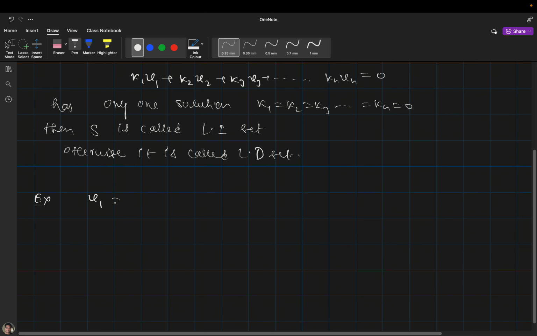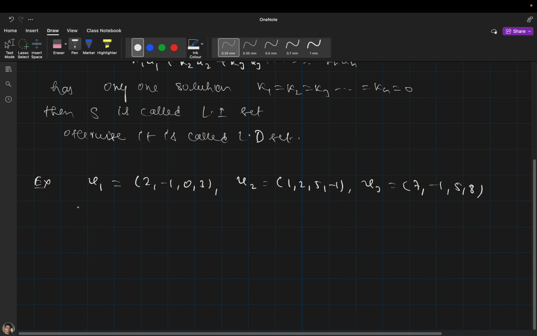Suppose we have V1 equal to (2, -1, 0, 3), V2 equal to (1, 2, 5, -1), V3 equal to (7, -1, 5, 8).